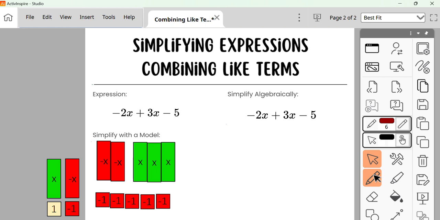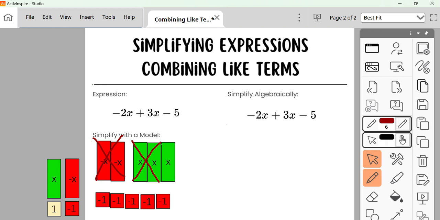Well, we have 5 negative ones down there, but we don't have any positive ones to cancel out. Now, interestingly, we have 2 negative x's here, and we have 3 positives. So we could mark out these 2 because they make a 0 pair, okay? Because a negative x and an x makes 0.